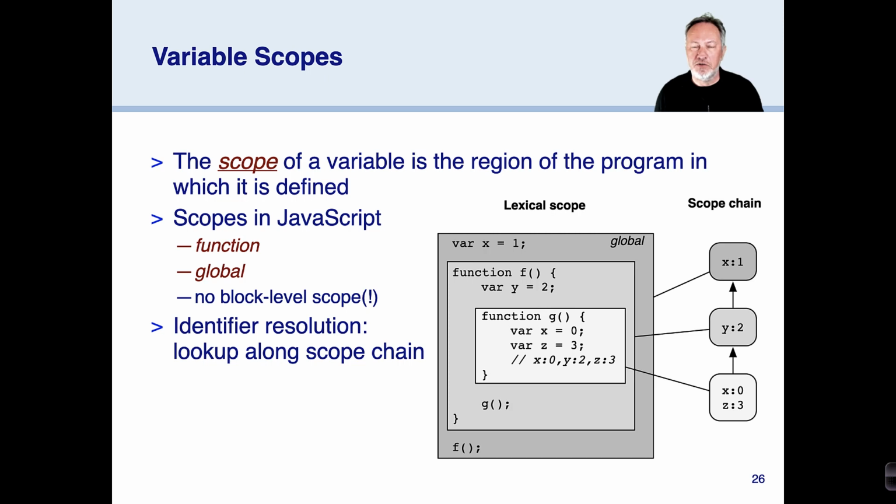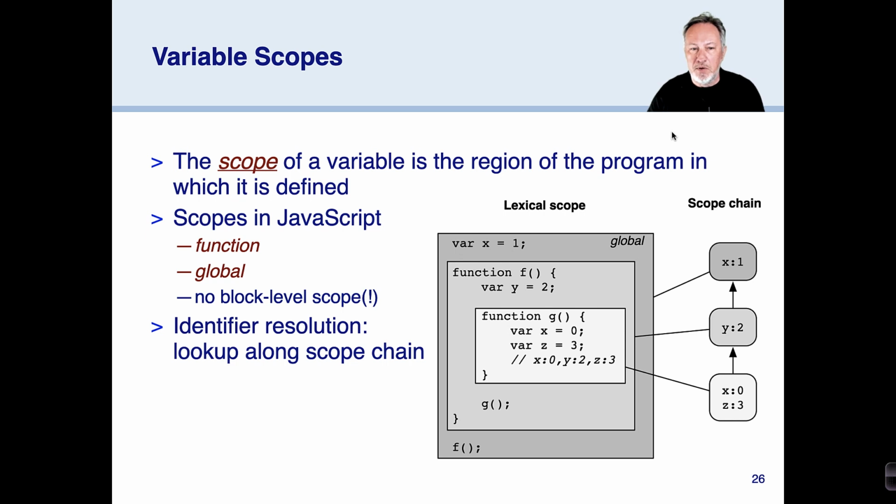Lexical scope, or static scope, is the scope of a variable according to the text of the program. So it's completely determined statically. You can look at it at compile time without executing the code. This is different from dynamic scope, which is generally avoided in programming languages because it can be extremely confusing.